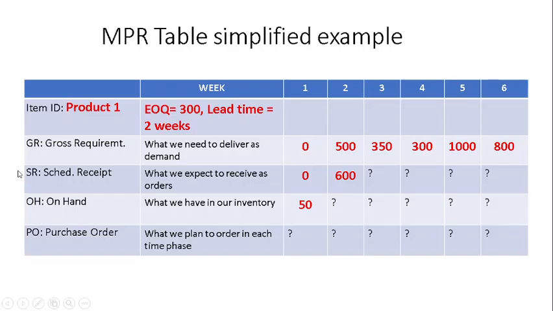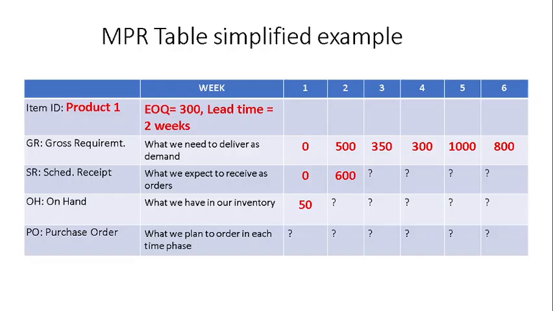Assume that we have to fill the table for one product, which is called product 1. The economic order quantity is equal to 300, which means that the optimum quantity that we should order should always be 300, because we have identified that this fits best in our, let's say, optimizes the cost for holding and for ordering.